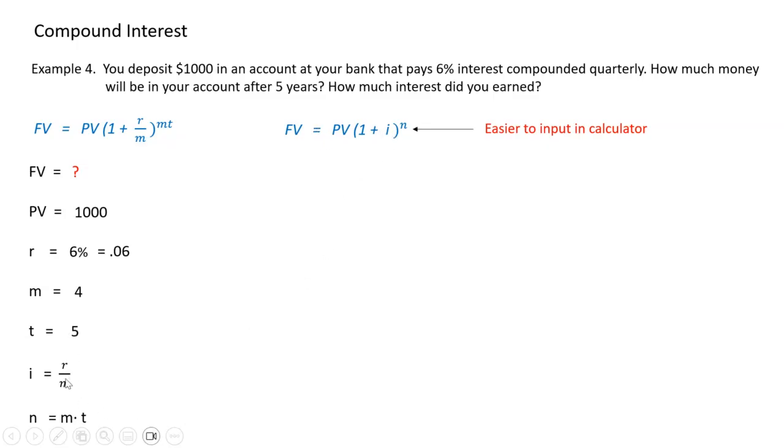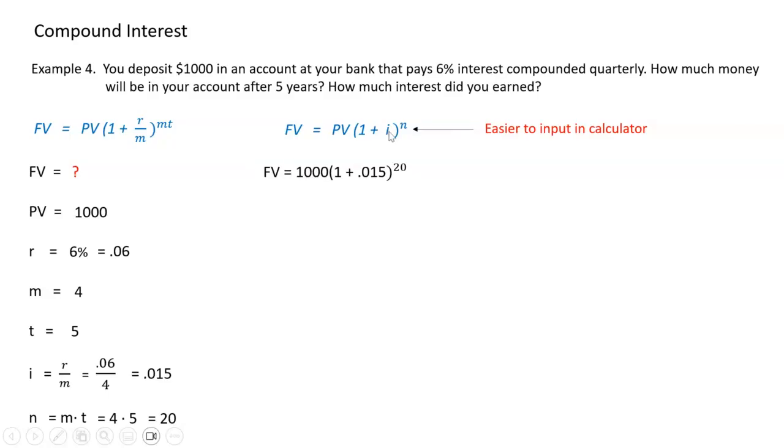Now the I is going to be R divided by M. My R is 0.06 divided by 4, which will give us 0.015. And my N is M times T, 4 times 5, which will give us 20. So we're going to plug in the amount of every single variable into the formula.